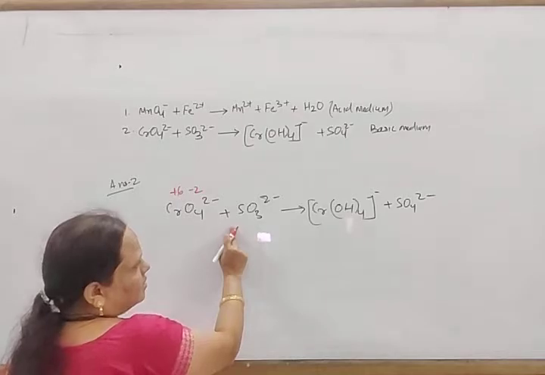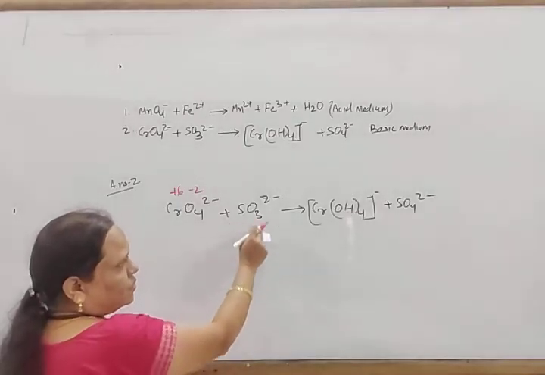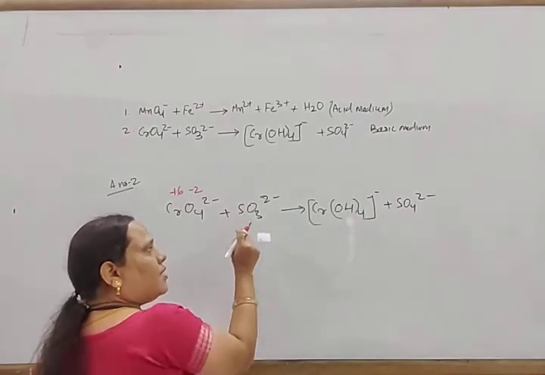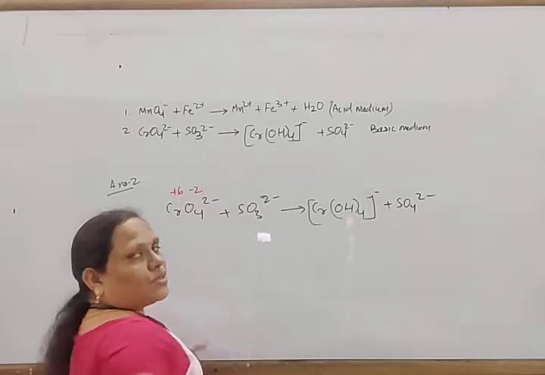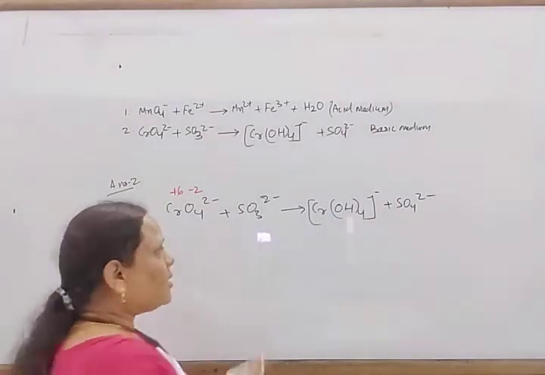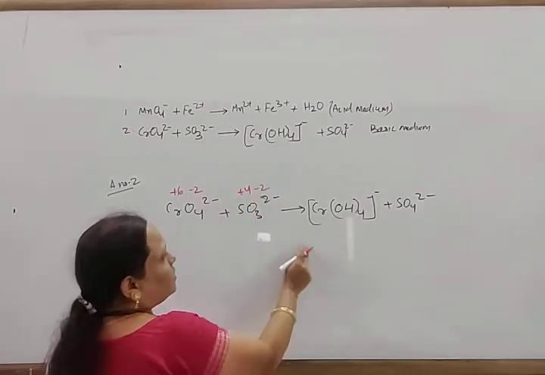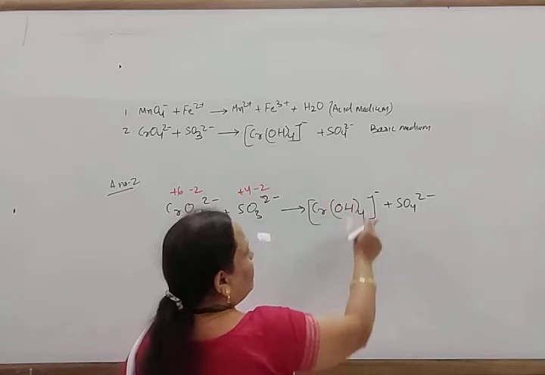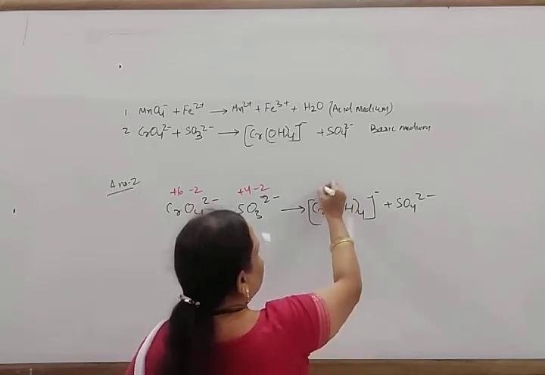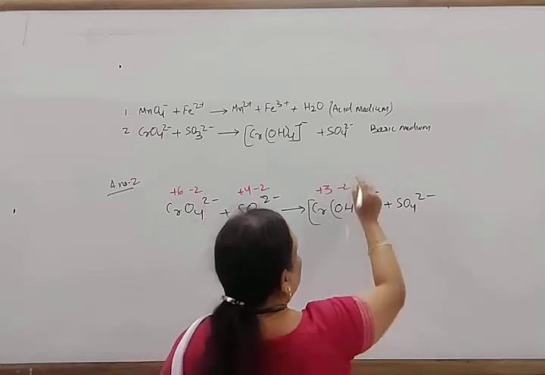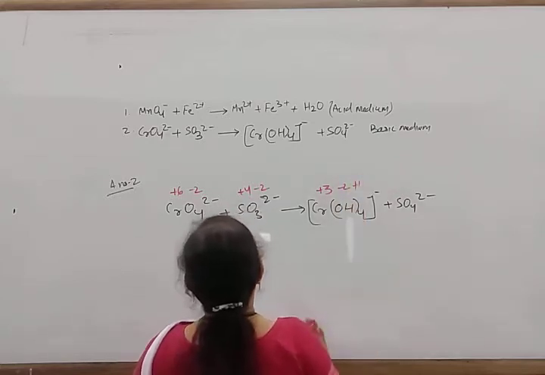Sulfur has here oxidation number X plus 3 into minus 2, that is equal to minus 2. So in this, X minus 6 equal to minus 2, or X is equal to plus 4. So here sulfur has oxidation number plus 4, oxygen has minus 2, and chromium here, find out the oxidation number, this is equal to plus 3. Oxygen has again minus 2, hydrogen has plus 1.